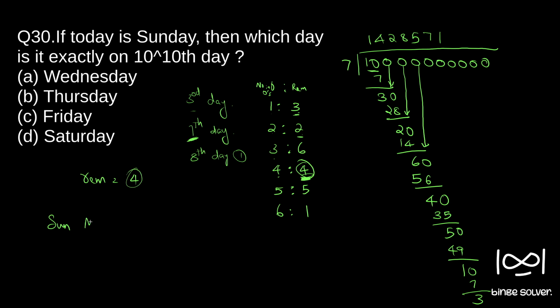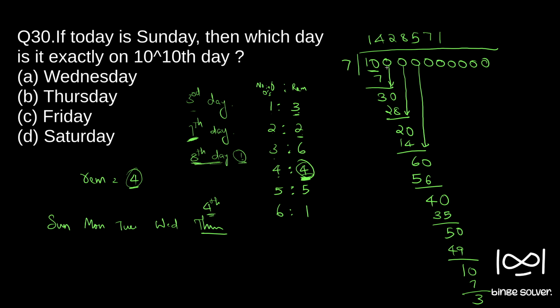So our day will be Monday, Tuesday, Wednesday, Thursday. How did we get 4? 4 is the remainder when we divide by 7. As I showed you, for the 8th day, when you find the remainder by dividing 8 by 7, it gives remainder 1.